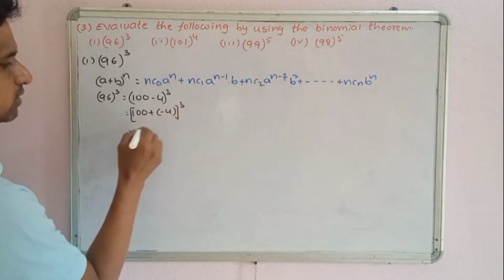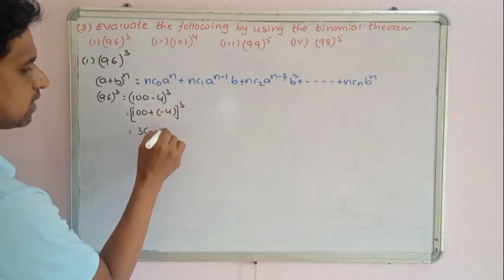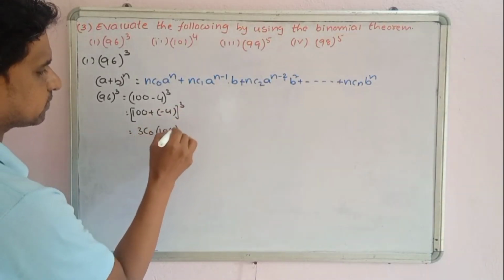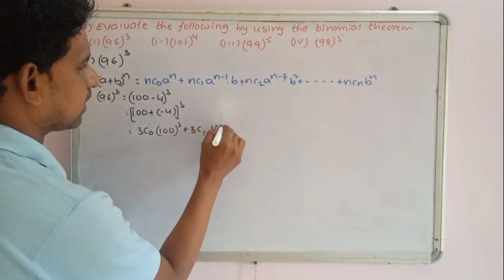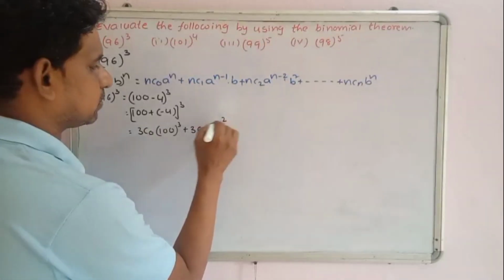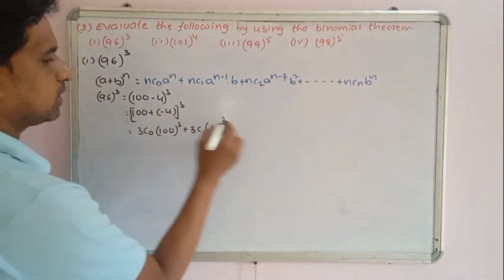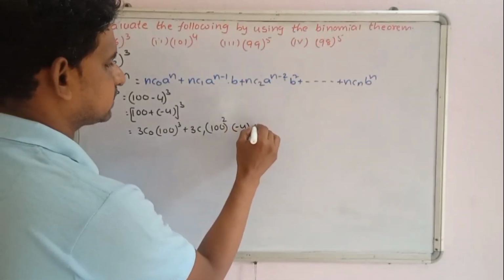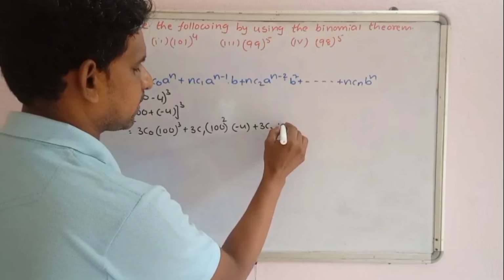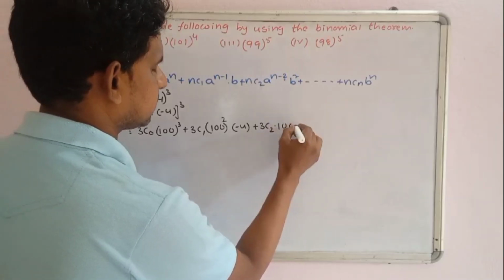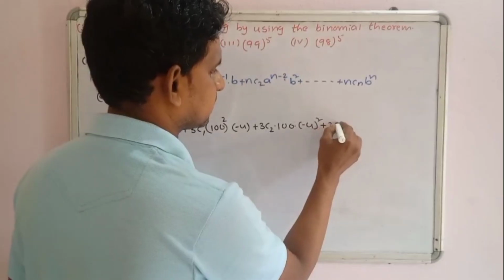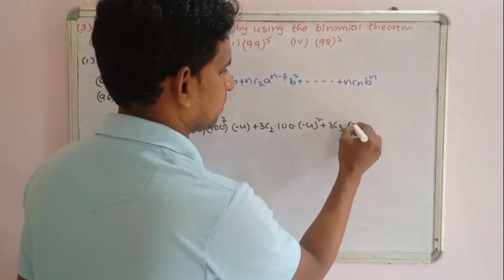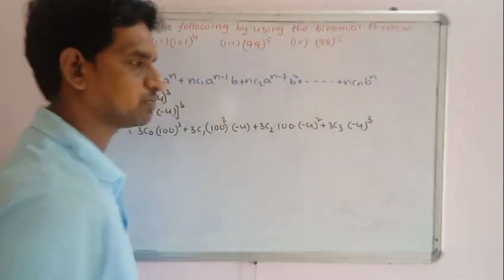So 3C0 100 power 3 plus 3C1 100 power 3 minus 1 into minus 4, plus 3C2 100 into (minus 4) whole square, plus 3C3 (minus 4) whole cube.